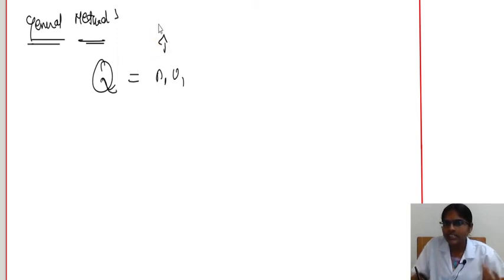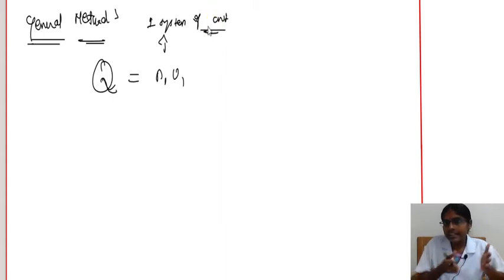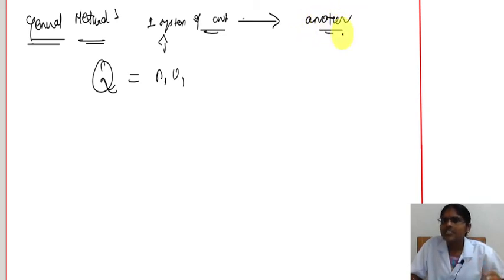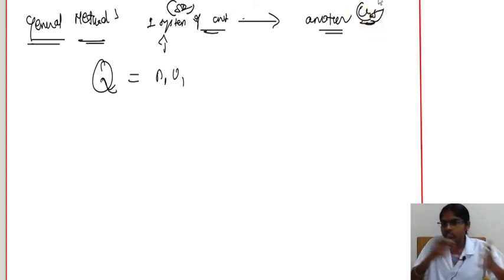Because this is one system of unit. In that system of unit, I'm measuring the quantity as N1 and U1. Now I'm converting this system of unit to another system of unit. For example, this may be the SI unit and this may be the CGS unit, right? So I'm just converting from one system to another system.